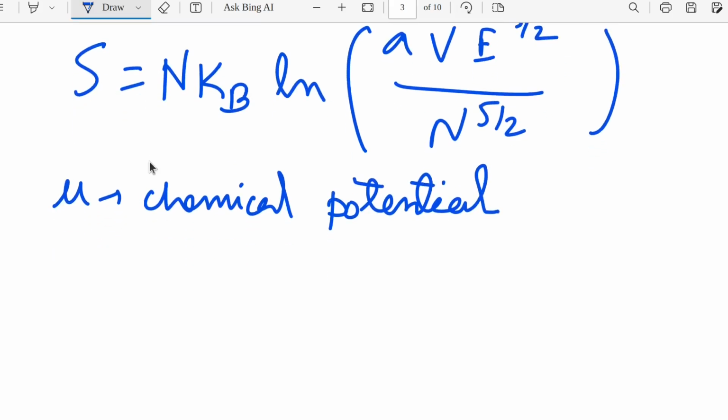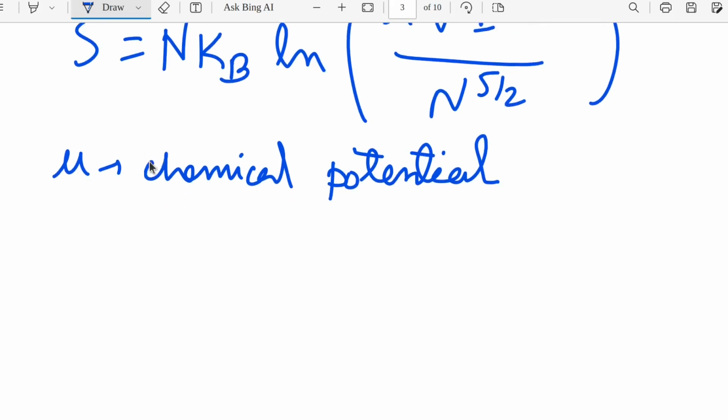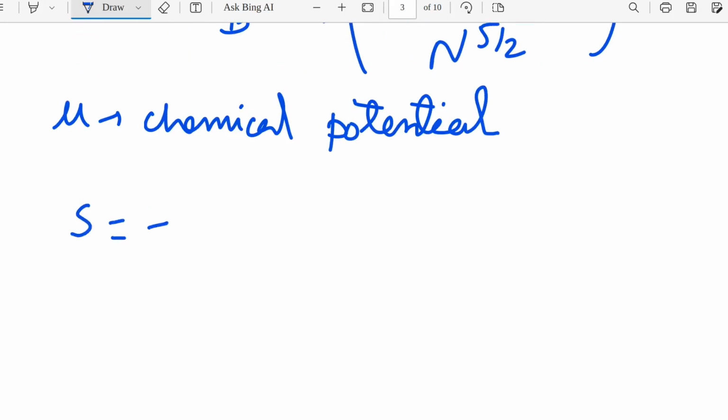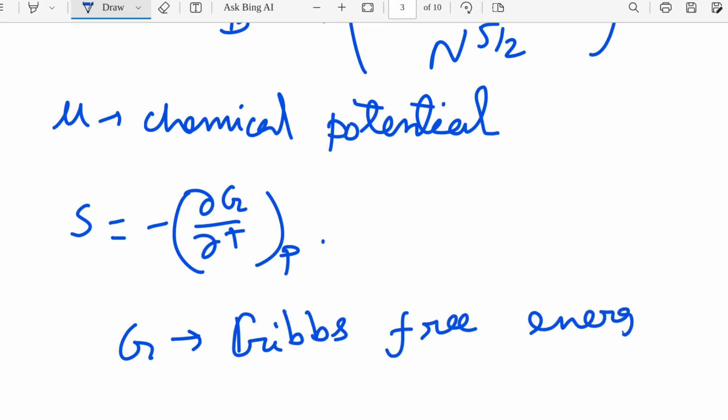So how to do that? Basically, there is a relation between the entropy and the Gibbs free energy, and the relation is S equals minus del G del T at constant P, where G is nothing but Gibbs free energy.